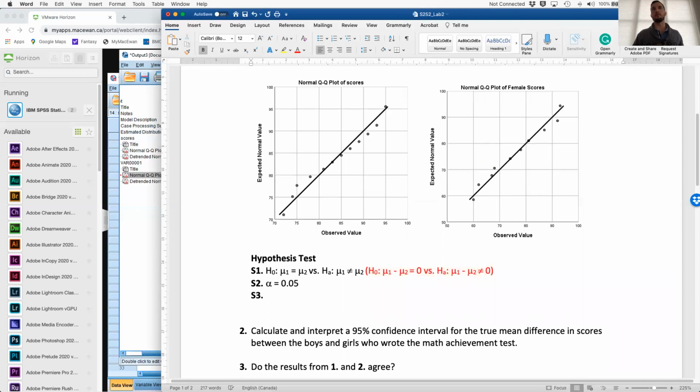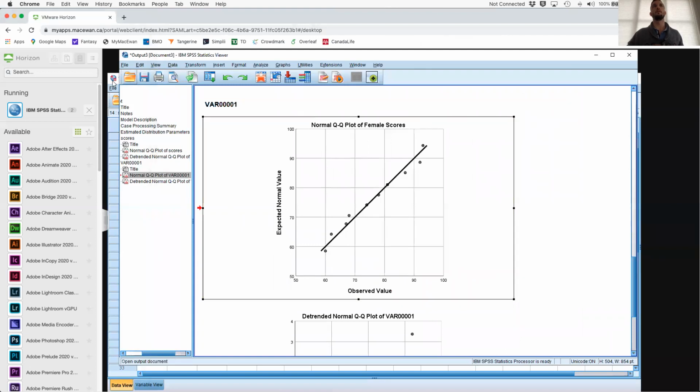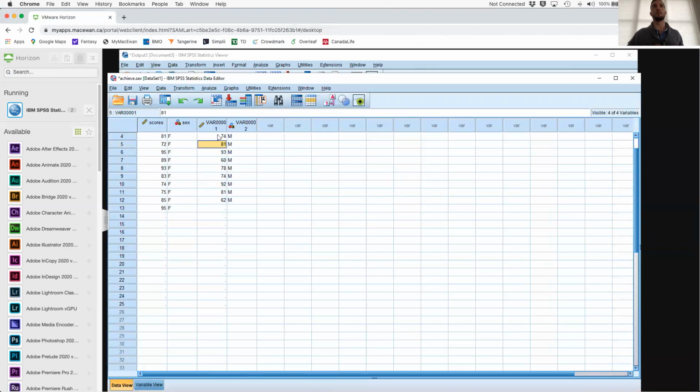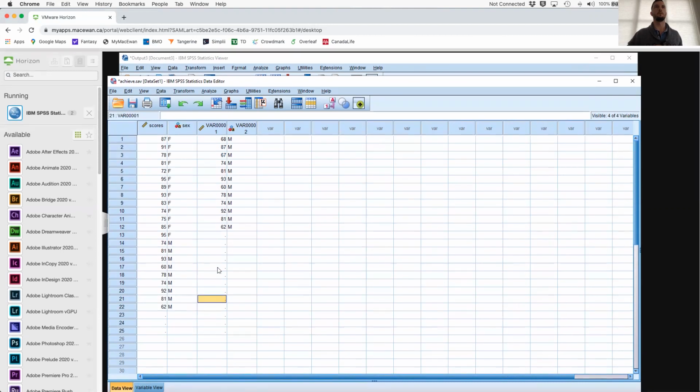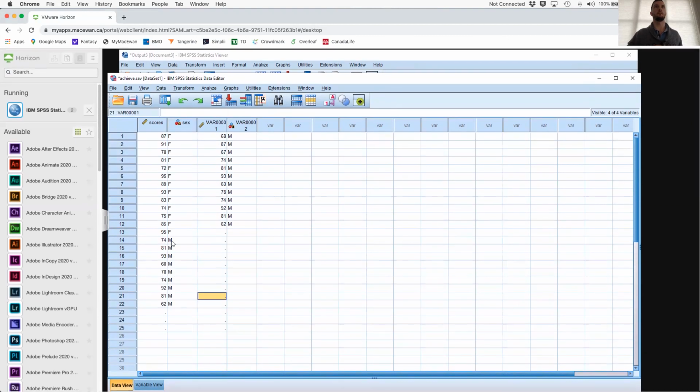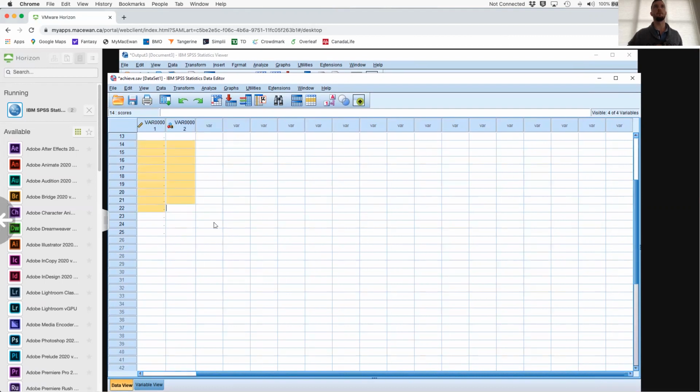Okay, now on step 3, we have to get our test statistic, and we can do this using SPSS. So to do that, we should reconstruct our values as they were originally given. Okay, so take this part here. Probably could also just undo, that would work equally well. Oh no, sorry.